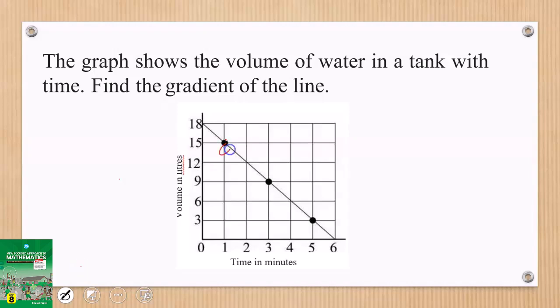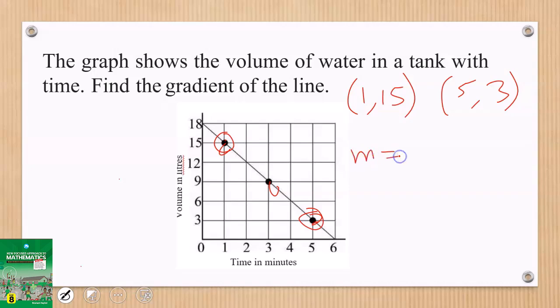And because all the 3 points here lie on the same straight line, any 2 points you pick will give you the same gradient. So let me pick the point here, which of course will be defined as (1, 15), and pick this point, which is also (5, 3), right? So to find the gradient, again, our gradient will be y2 minus y1.